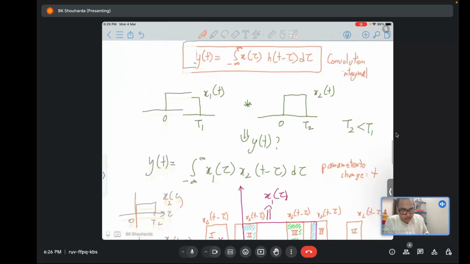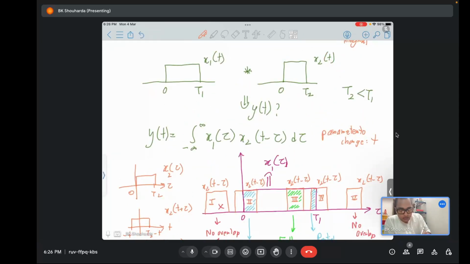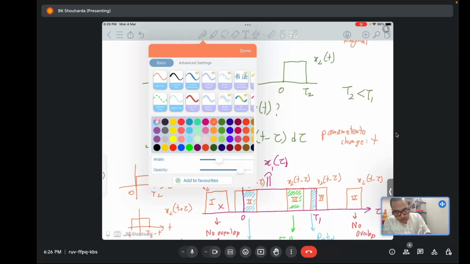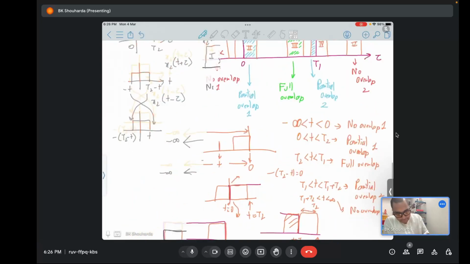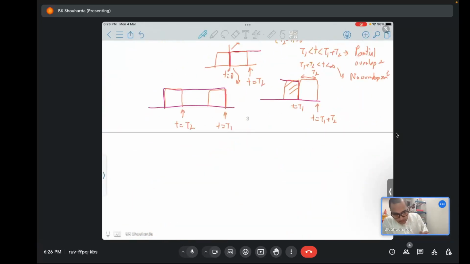So why have we evaluated this? We have evaluated this because the product depends on the overlap, okay. So let's see, for minus infinity till t less than 0, x1 of tau and x2 of t minus tau, this is 0.